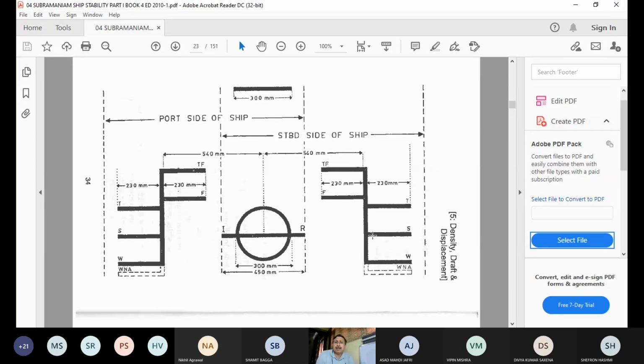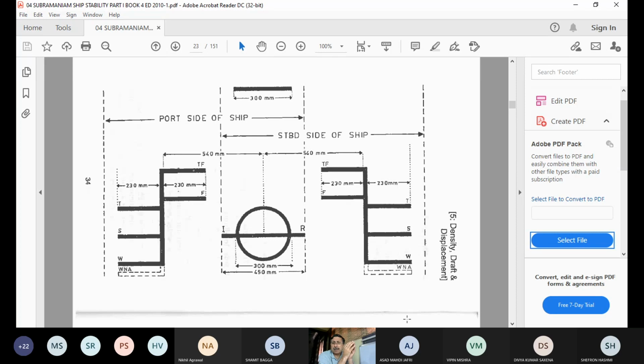When I go to Haldia, my vessel will sink. So how much will my vessel sink by? By the freshwater allowance. My vessel will sink by that much amount.